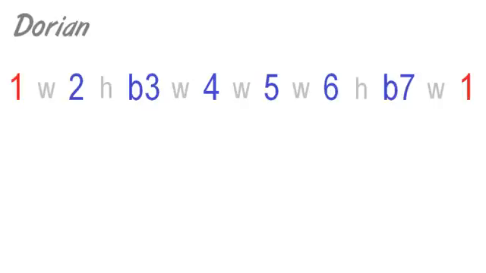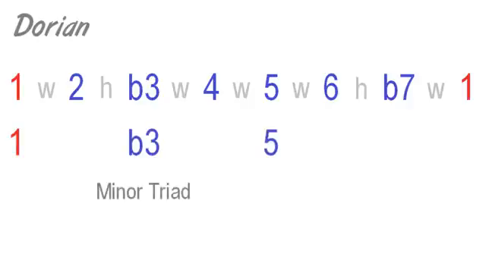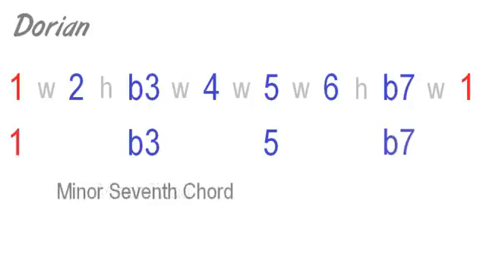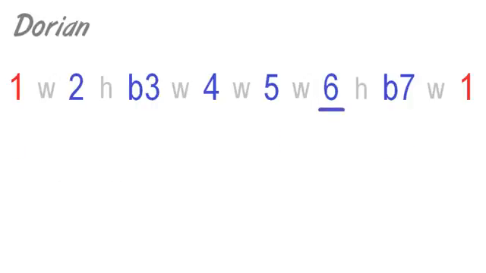As we can see, Dorian consists of the intervals of a minor triad. This means we can use it over minor chords. It also contains a minor seventh, giving us a minor seventh chord. But the interval that gives Dorian its distinctive sound is the major sixth. Hold this note over a minor chord with the same root to get a taste of Dorian.